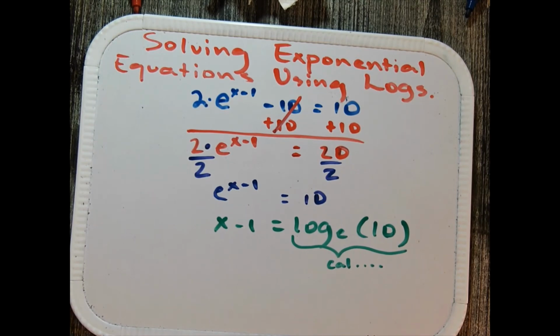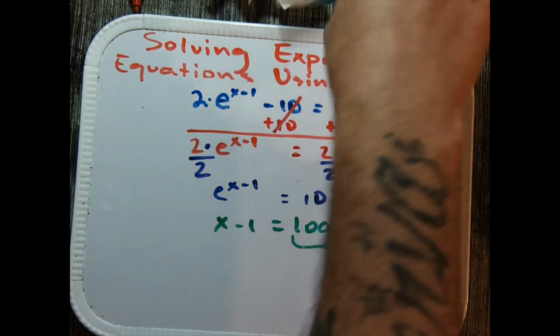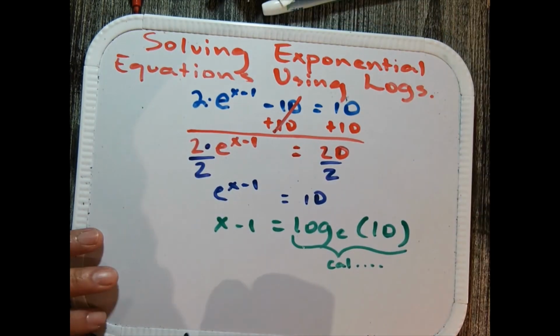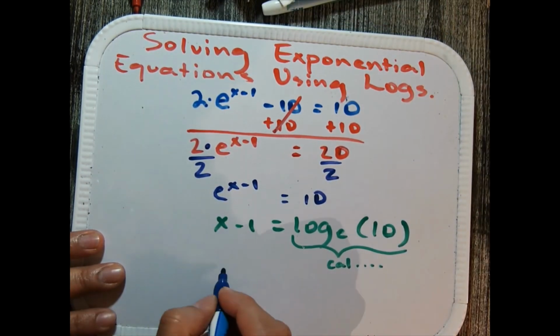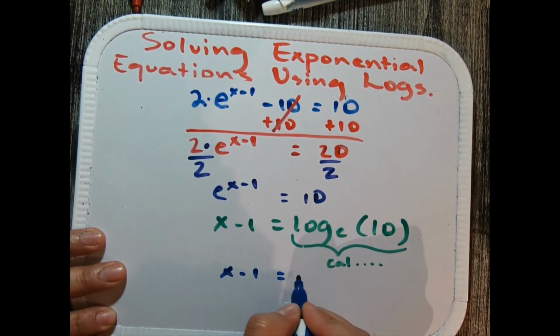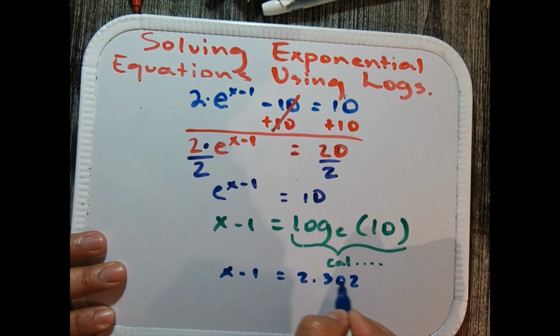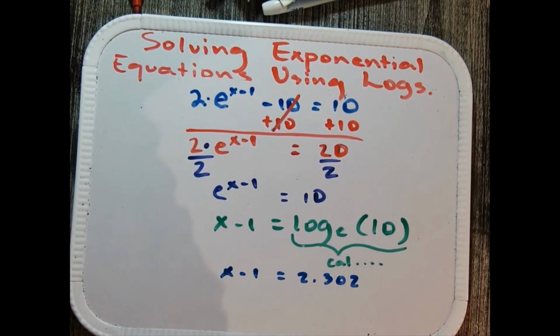And when I evaluate log base e of 10, so again, I'm going to have my x minus 1, what we get is about 2.302. And again, I'm just keeping it to 3 numbers after the decimal.